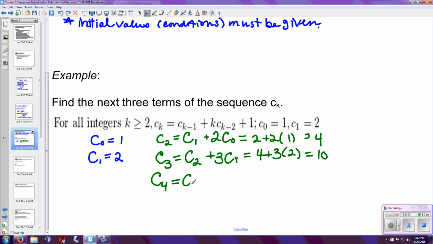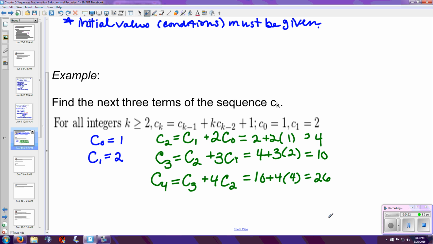C4 is C3 plus 4 times C2. So we have here 10, again, this is the previous term, plus 4 times 4. 10 plus 16 is 26. So then these would be our next values. And you can continue this on and on.